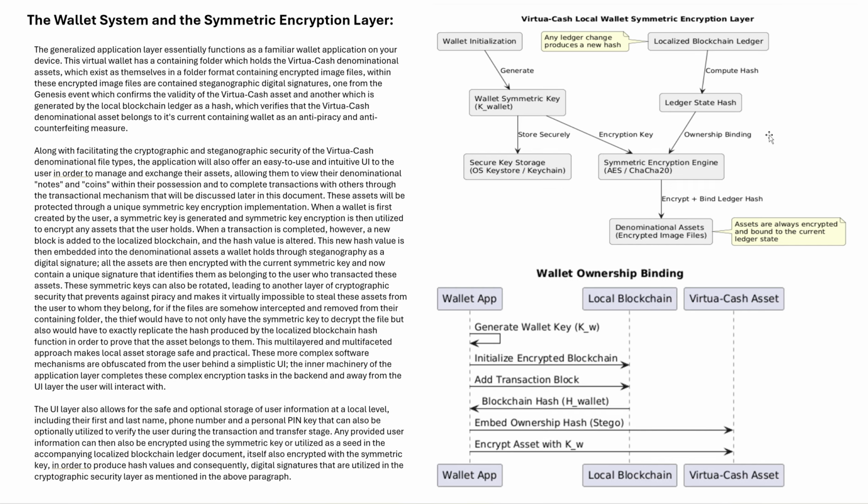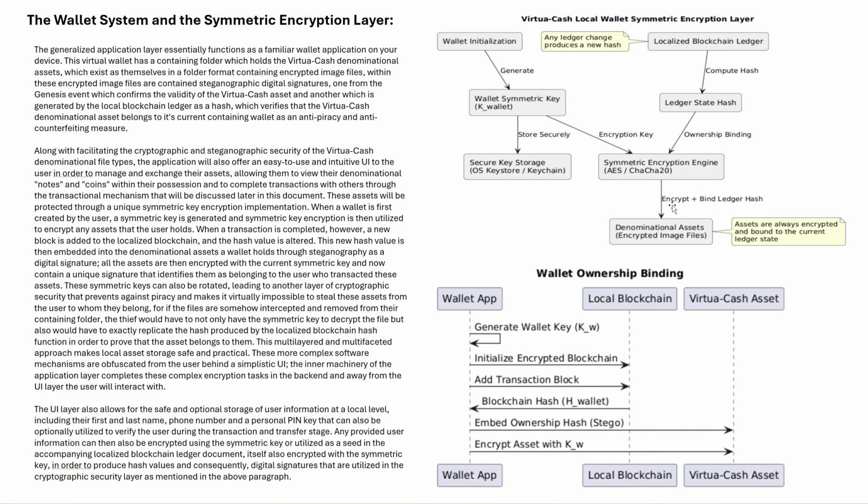For this specific little diagram here, we're looking at the localized blockchain ledger. When the ledger is altered, this computes a hash, and this hash is then sent down to the encryption engine, and it uses your symmetric key from your wallet to then encrypt the hash that's coming from your blockchain ledger.